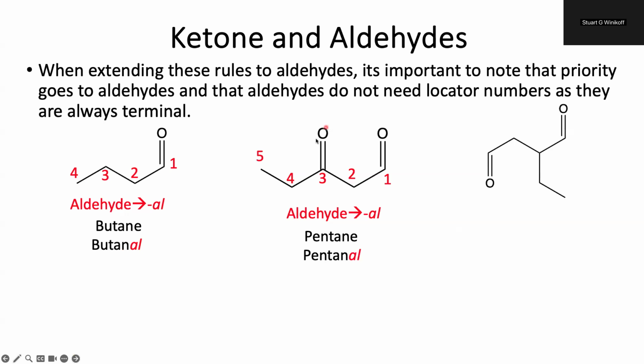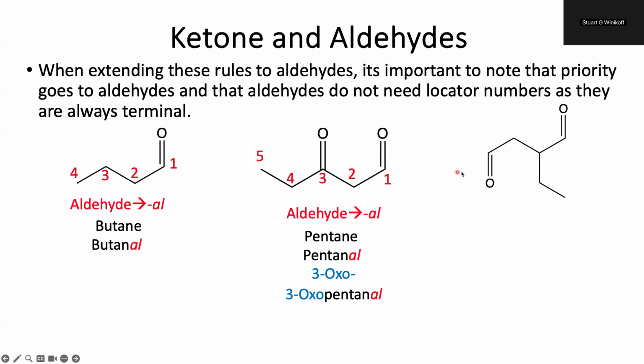However, I do have a ketone at the 3 position. Now, this becomes a 3-oxo. And again, oxo could apply to ketones or aldehydes, but that 3 position is internal, meaning that it is a ketone. Putting this all together, I get a 3-oxopentanal.